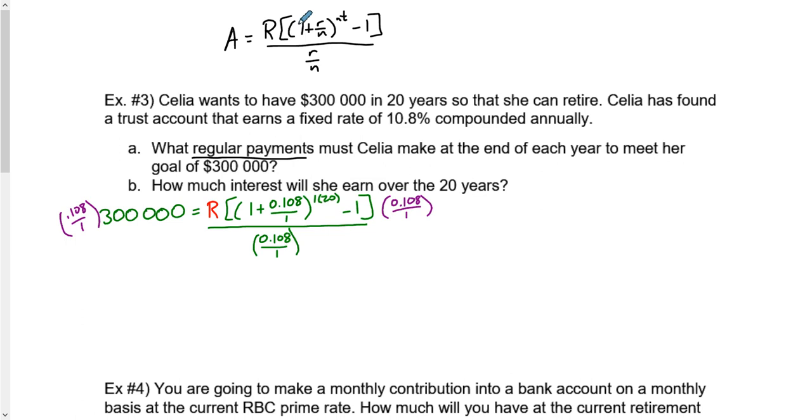So the 300,000 multiplied by that 0.108 will give us $32,400. And to finish off the calculation, in order to get the R by itself, we'd have to divide by this entire thing that it's being multiplied by.